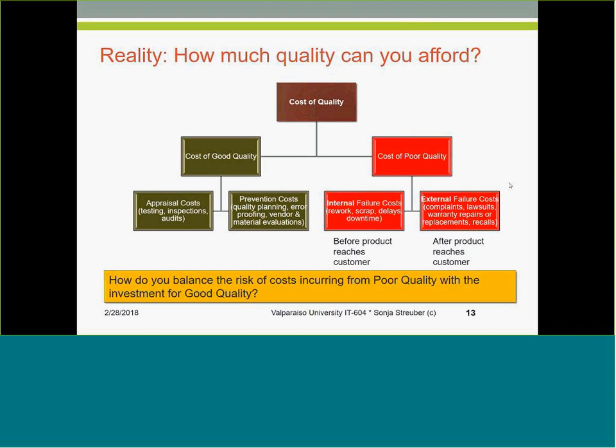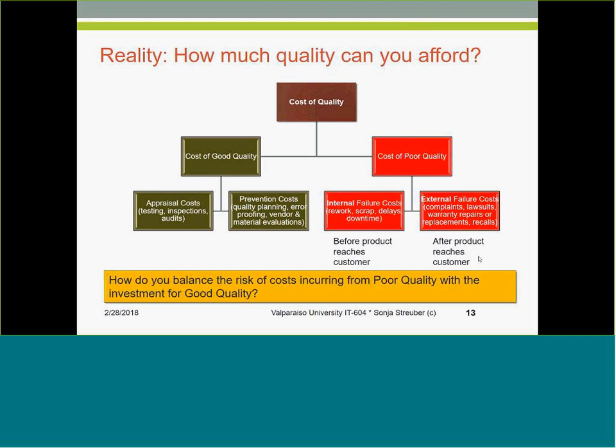Then their families will certainly start suing your company. They may even start suing your department, because if they can prove that you were the one who put untested or buggy software on those brake sensors and in return caused the death of people, the company will be liable for so many millions of dollars in damages and that kind of thing. This external failure cost needs to be avoided at all costs.